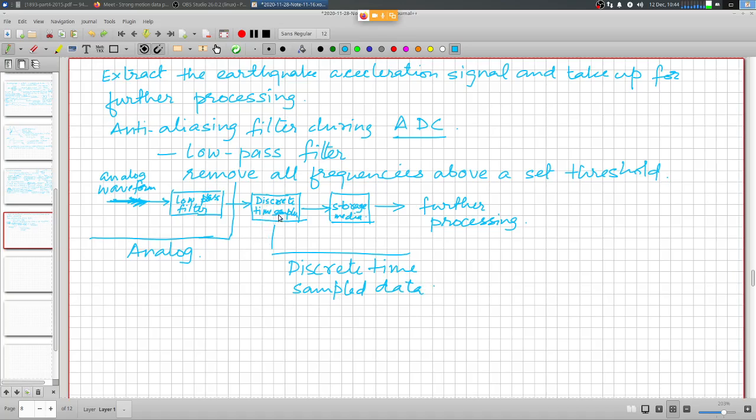This of course depends on the resolution of the sensor, sampler, ADC, the analog to digital converter. Most commonly used is of course the sample and hold circuit.